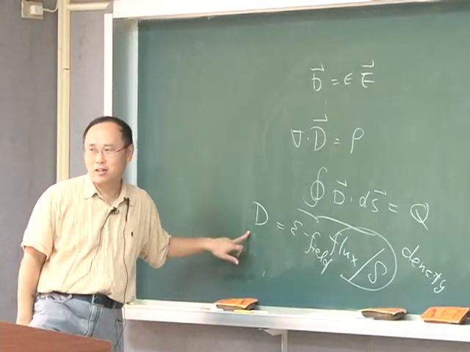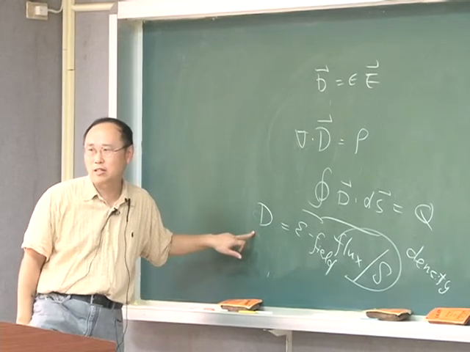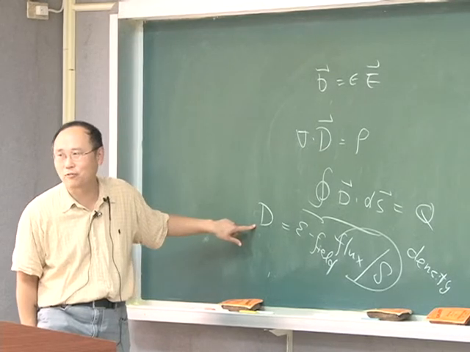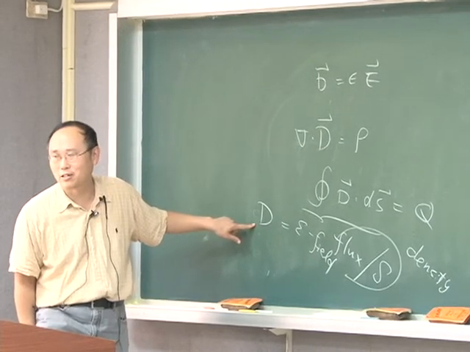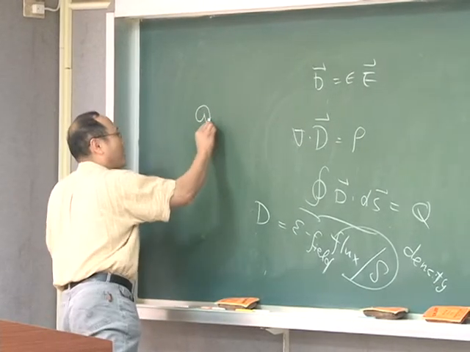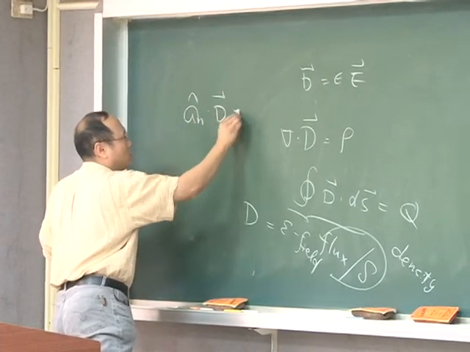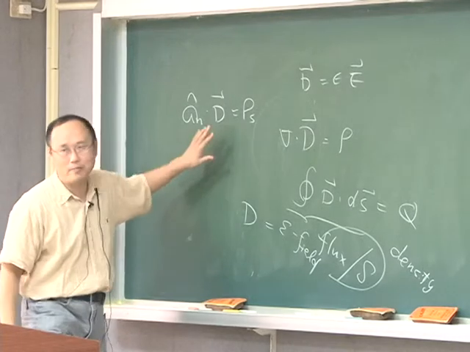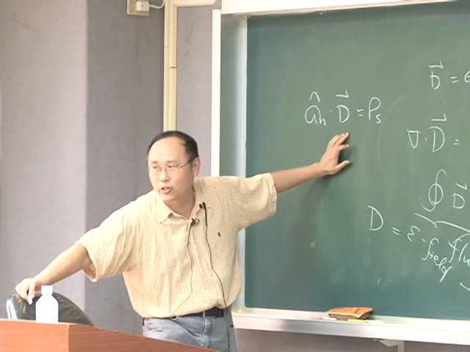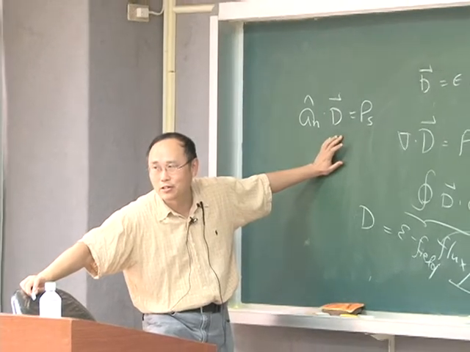And there could be additional physical meaning associated with D if we write down other equations. For example, if a_n dot D equals rho_S, this D in fact is equal to the surface charge density.